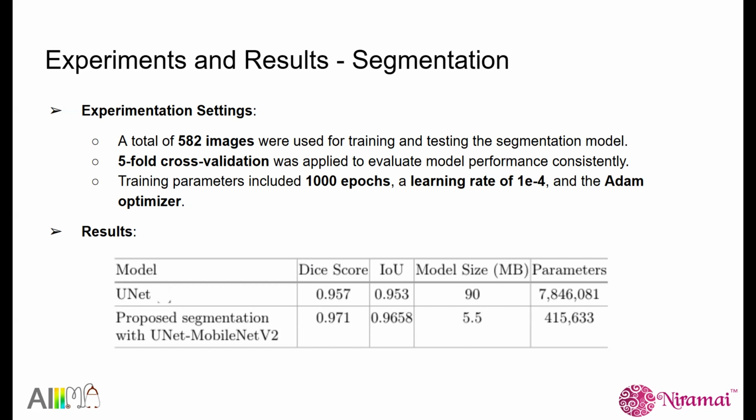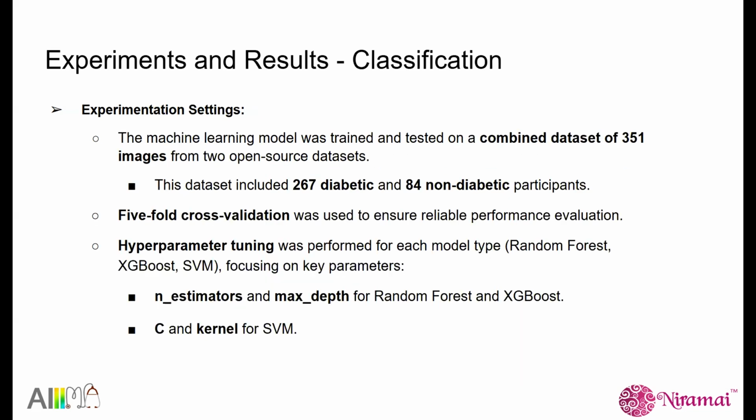We see an improvement with the U-Net MobileNet V2 architecture. We have also seen a major improvement in the model size, where we have significantly reduced the size of the model from 90 MB to 5.5 MB. This gives us the pixels which are related to the foot region.